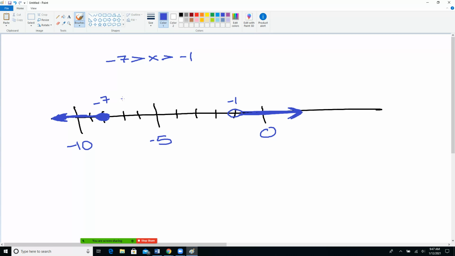So x is less than -7, and x is greater than -1. So if you were to write an inequality for that, it would look like that. So you're going to have to write an inequality. All right, deleting.